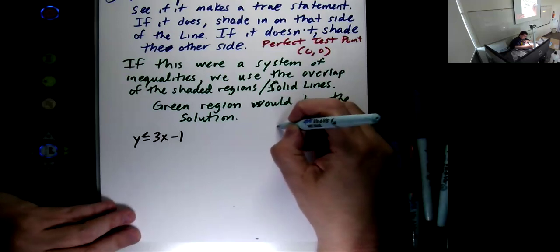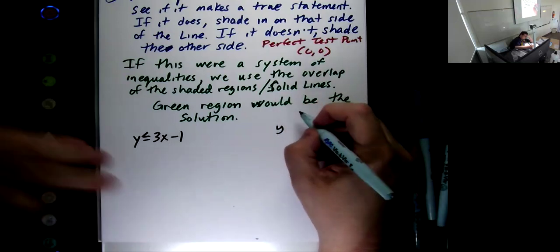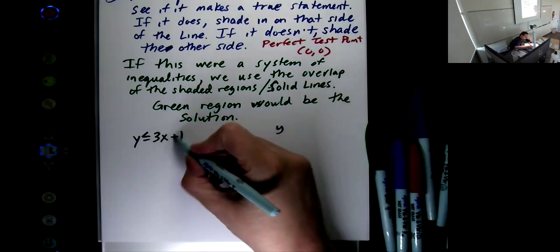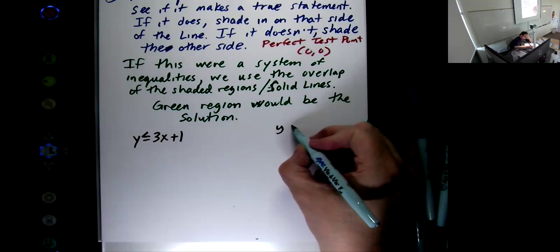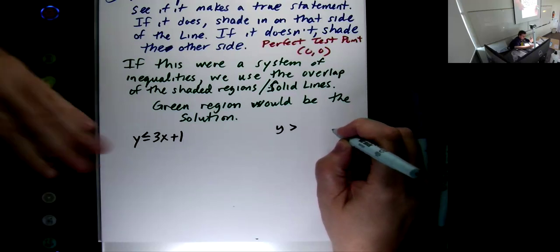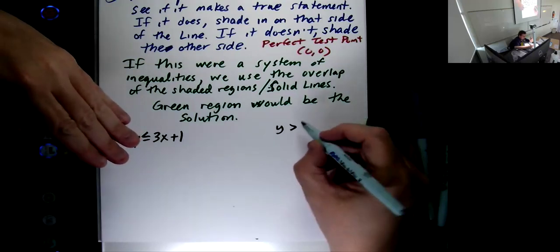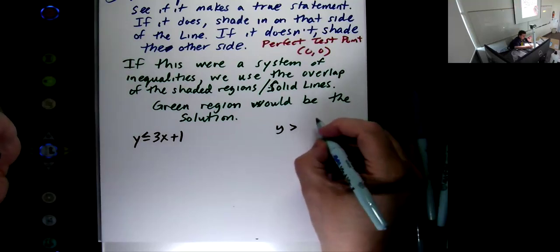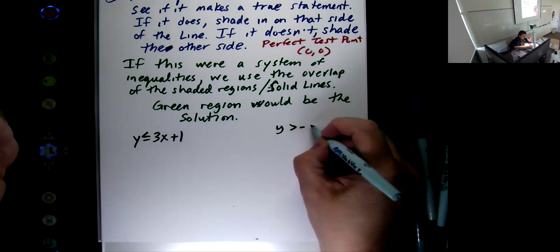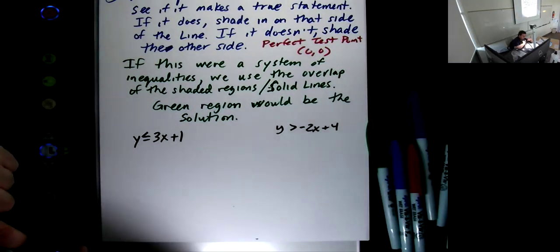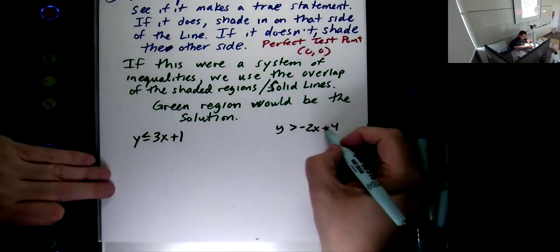And then we'll do y is, let's say, 3x plus 1, and we'll say y is greater than... Nope, let's go less than negative 2x plus 4. Y is... minus 4, negative 2x minus 4.